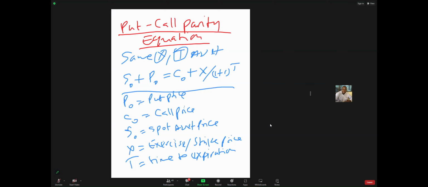The exercise price is, of course, the maximum price that you can pay if you have the right to buy. So the two should be the same. It should actually be the same.